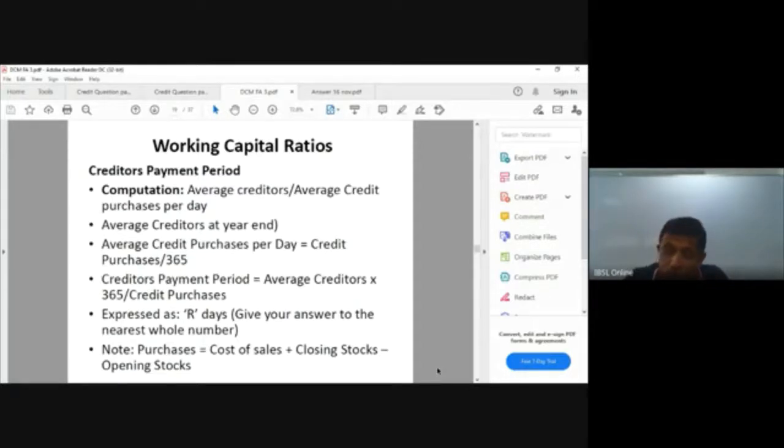If it is due to the company's poor cash management and poor liquidity position, where the company cannot pay their creditors because they don't have enough funds, that is not good, right?